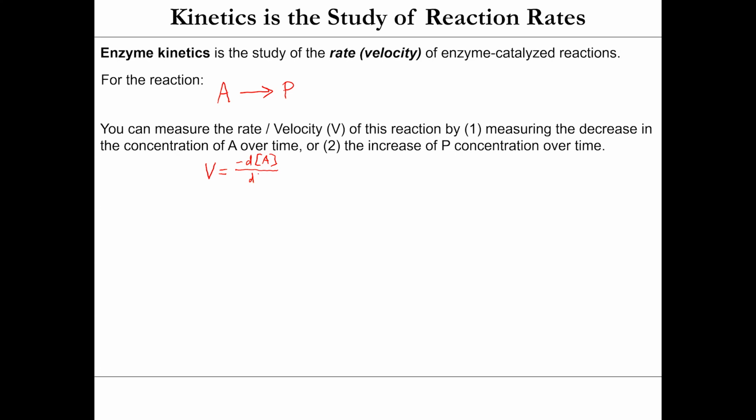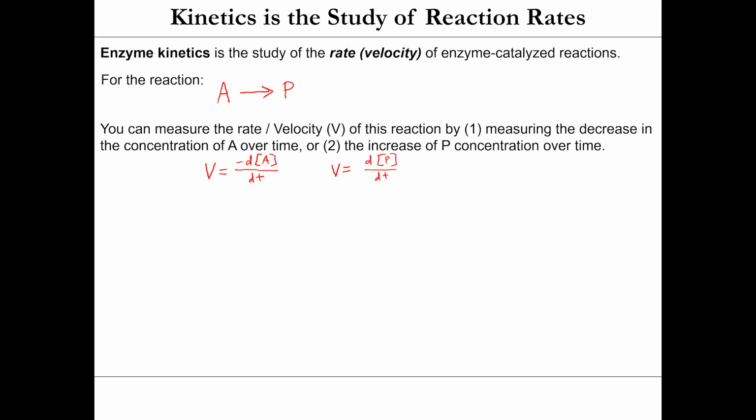Or you could look at it as an increase of product concentration over time. So that would be written as V, or velocity, equals a function of the product increasing as a function of time.